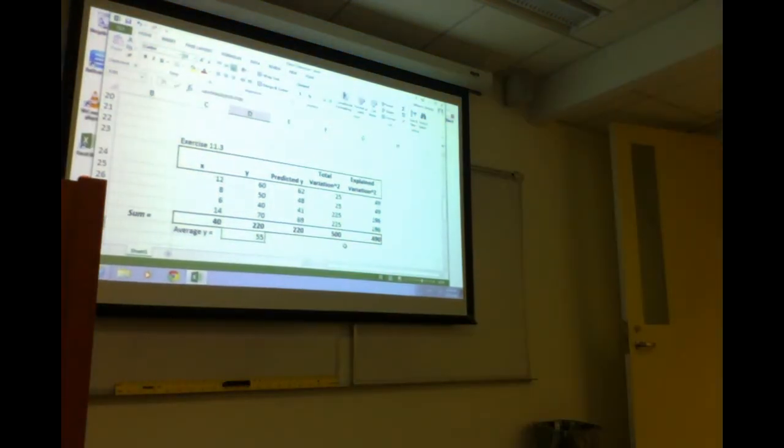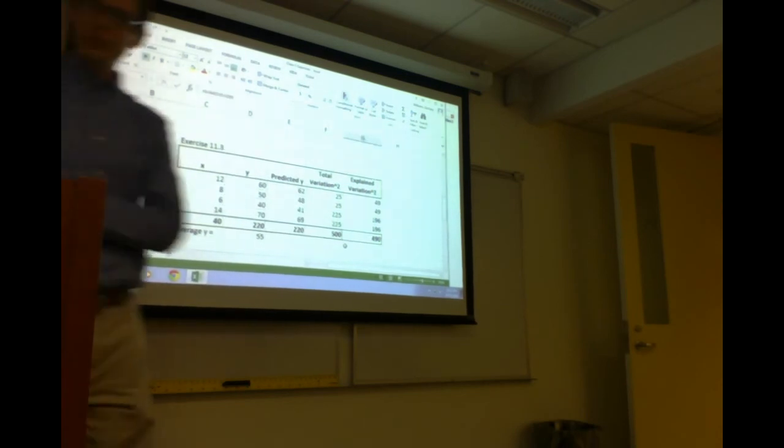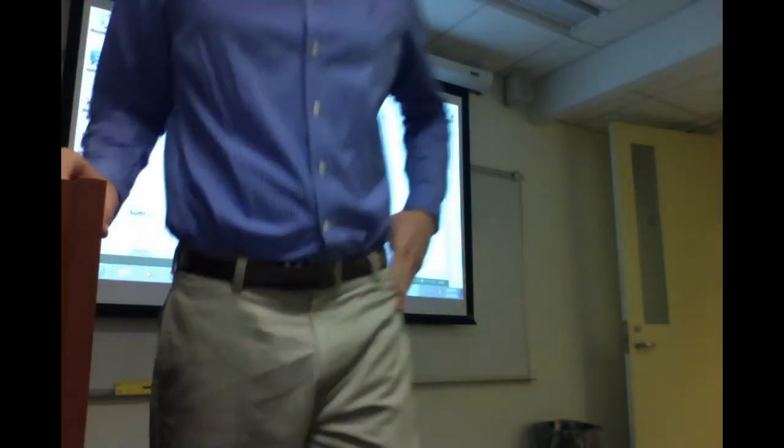The total variation is how far this actual investment in the stock market is from the average. In the first one, that's 5. Then we square it, and we get 25.